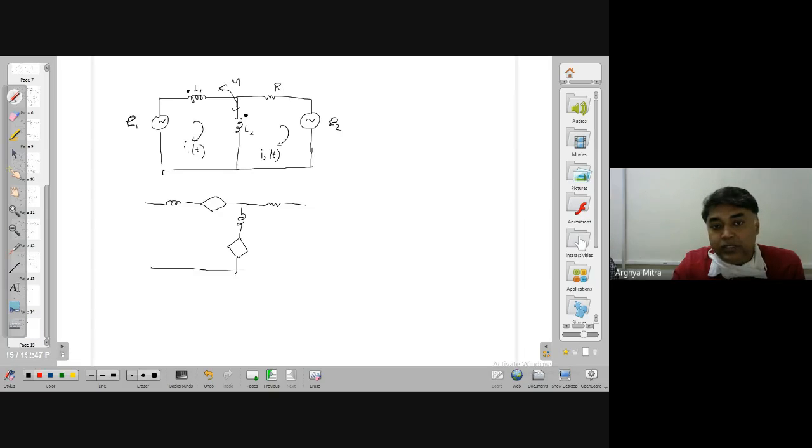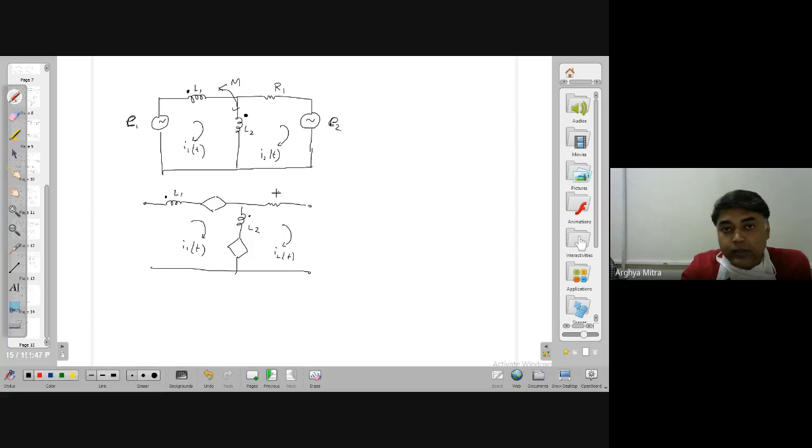Now, one big question is how will we choose this potential, right? This is L1, L2. I will choose this, right? So the current flowing through this is I1, the current flowing through this is I2, okay? This is I1.